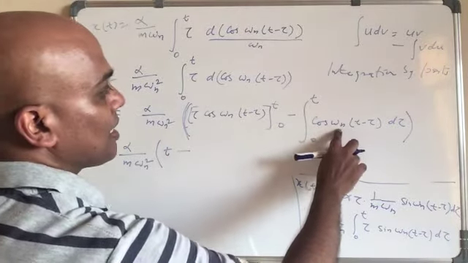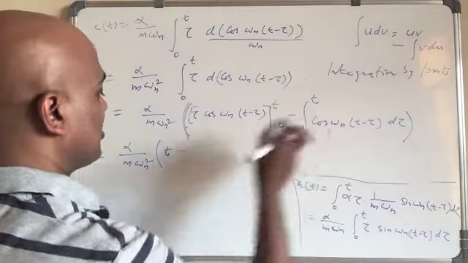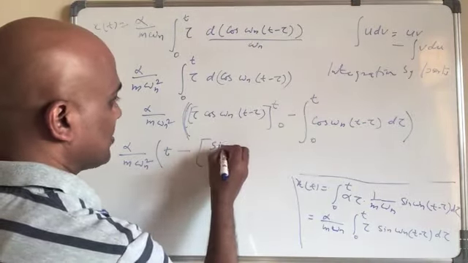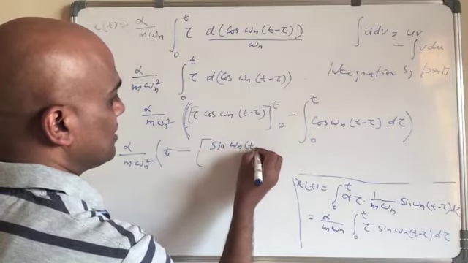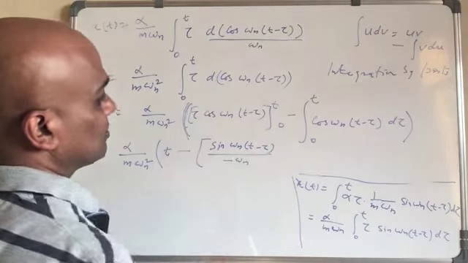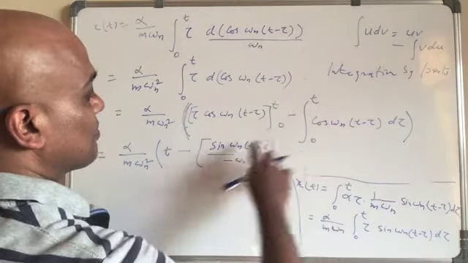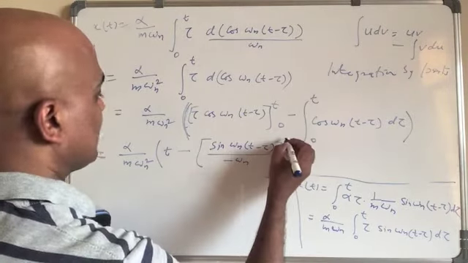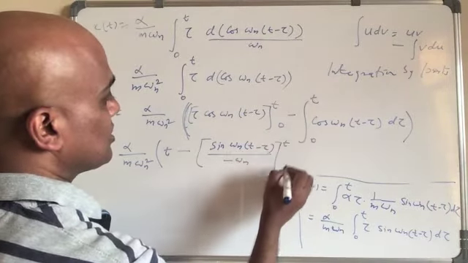In this case, what do we get? Now cos omega n (t minus tau), that becomes sine, so sine omega n (t minus tau), divided by minus omega n, with the limit t to 0.